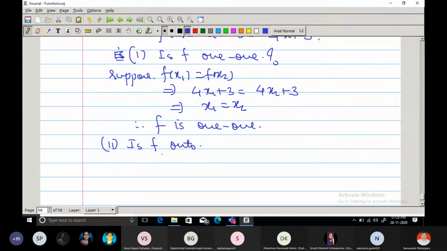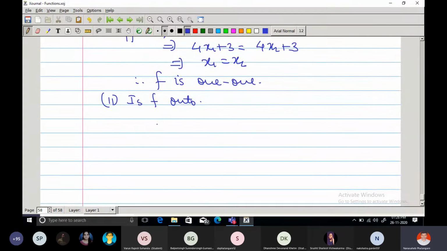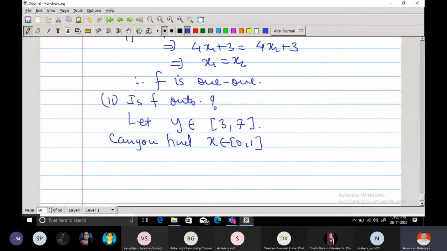Let y belong to the codomain. What is the codomain? Then can you find x in [0, 1] such that f of x is equal to y? If it is possible, if the answer is yes, then the function is onto. Right? For every element in the codomain, can you produce a pre-image?